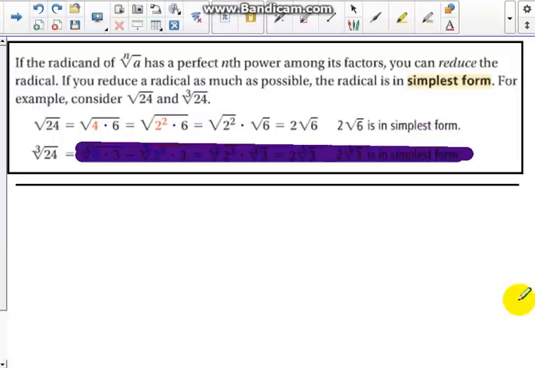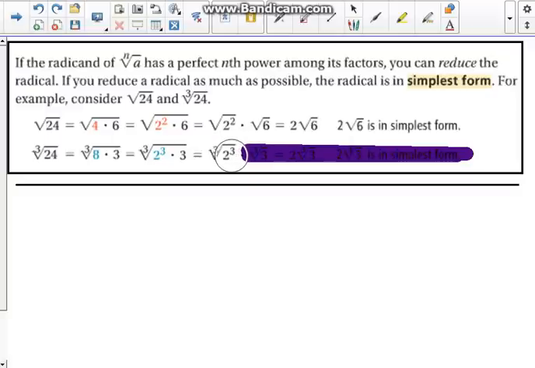Okay. Next, look at the cubed root of 24. The first thing we're going to do, we need to write things in cubes so we can clear them. We know that 8 is a perfect cube of 2, which is a factor of 24, so we'll use it. 8 times 3, which is equal to the cube root of 2 cubed times 3, and then split them up.